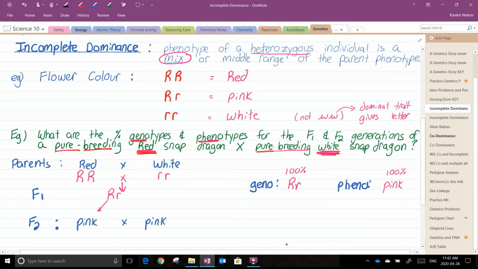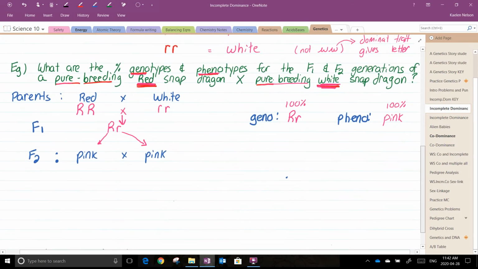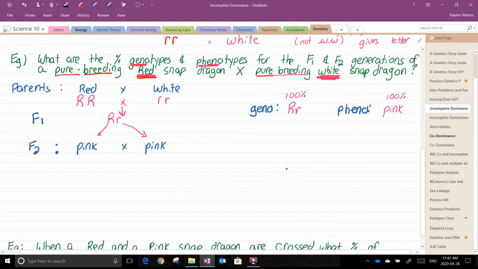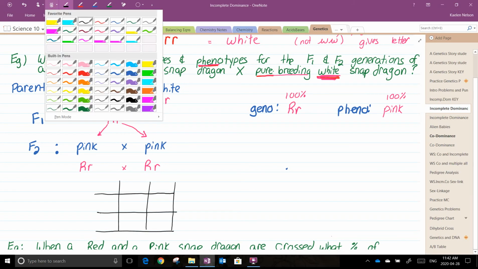The rest of the question asks for the F2 by crossing two F1s. So what we're doing is we're going to take our pink parents and cross them. Now in this case, it is helpful to draw a Punnett square. And into my Punnett square, I will put my parent genotypes.